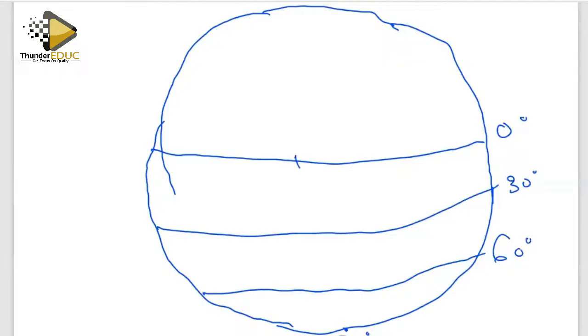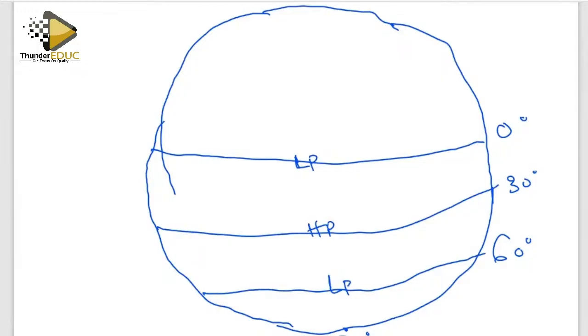Over the equatorial region, we have a low pressure region because of intense heating, and around the subtropical region, we have a high pressure belt because it's a belt of sinking air. Then around 60 degrees, we have a low pressure, which is the subpolar region. This is caused mainly by the deflective effect caused by Coriolis force.